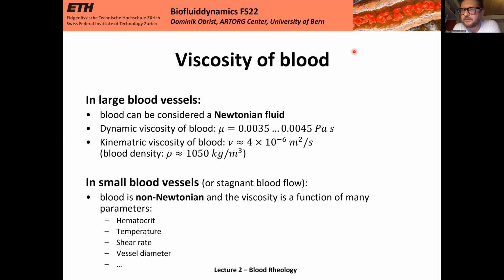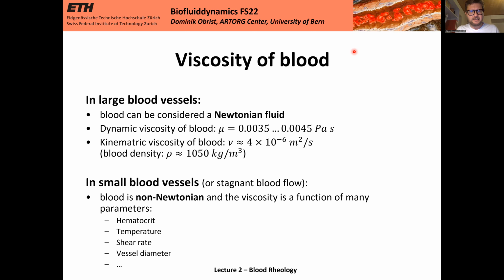So as already mentioned, in large blood vessels at least, we can safely consider blood to be a Newtonian fluid. And Newtonian, as I tried to explain in the previous hour, is a fluid for which the viscosity can be considered constant or nearly constant.